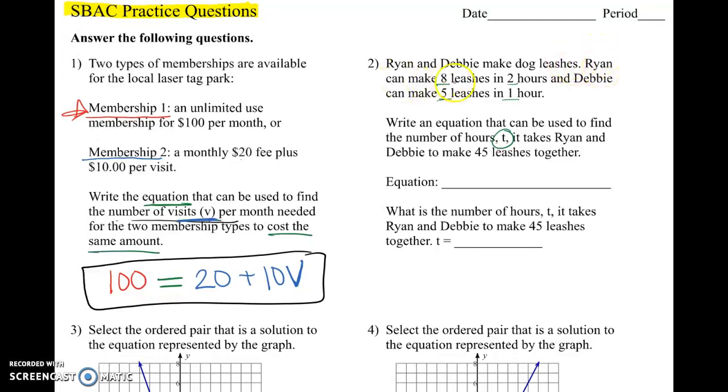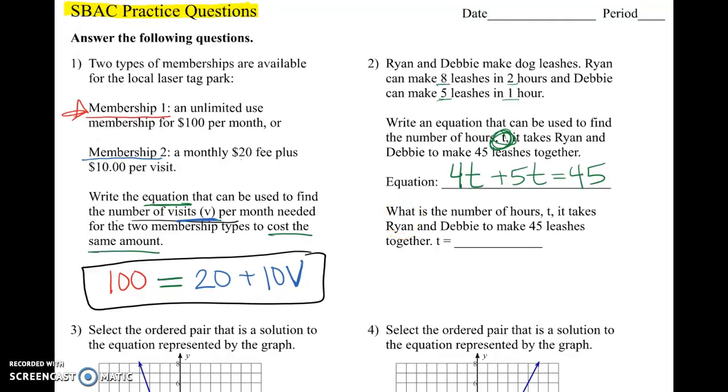So Ryan can make 8 leashes in 2 hours, which means he can make 4 leashes per hour. And Debbie can make 5 leashes per hour. Now I'm using T here because that's what's given to me here. And we want to know when together they make 45 leashes.